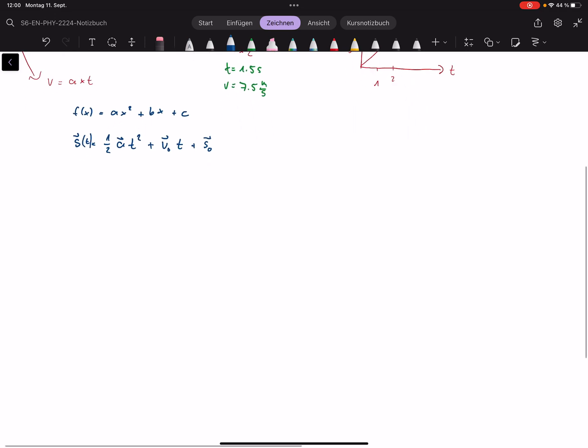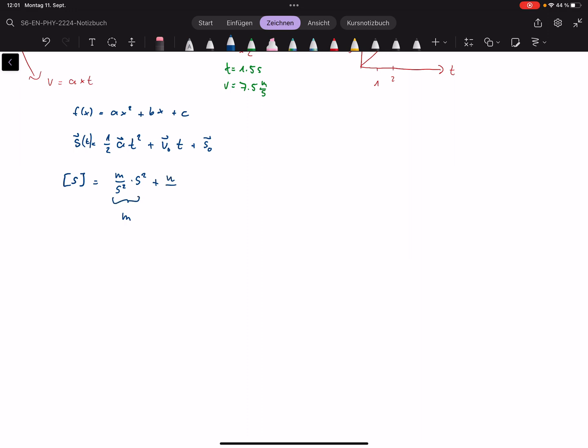And in the next step we look at the units, just to check if the formula is consistent. So we have the unit of acceleration as meters per second squared, and here we have t squared. So the unit is meters.